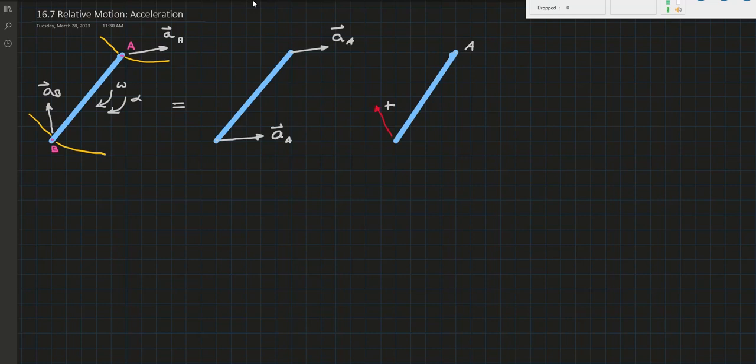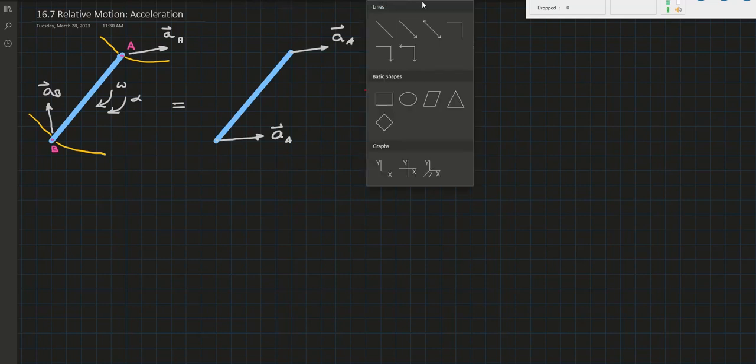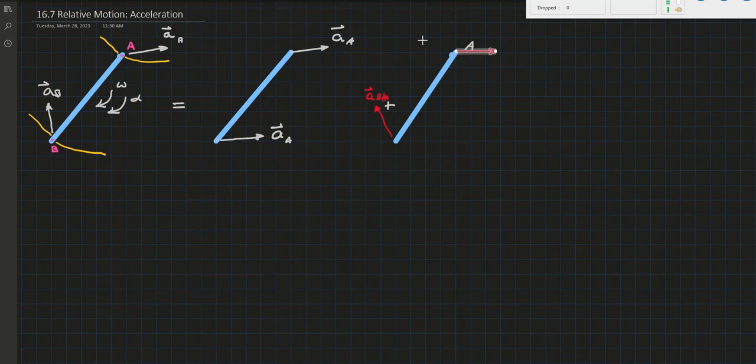I'm going to draw this in red. So I'll call this acceleration of B with respect to A, which also is this.